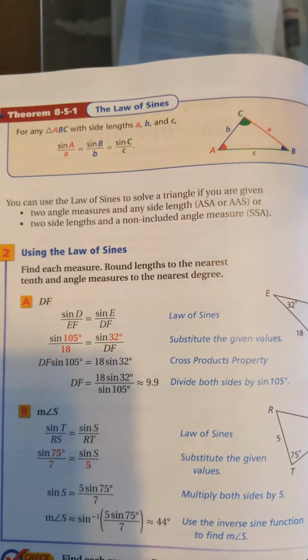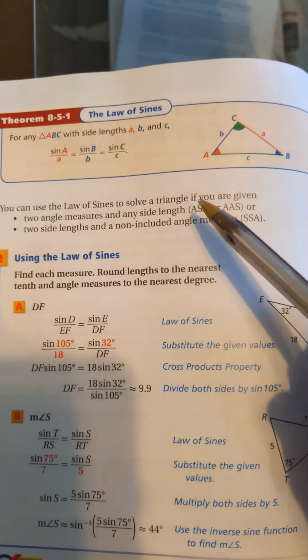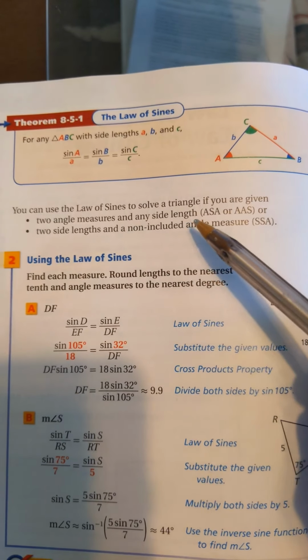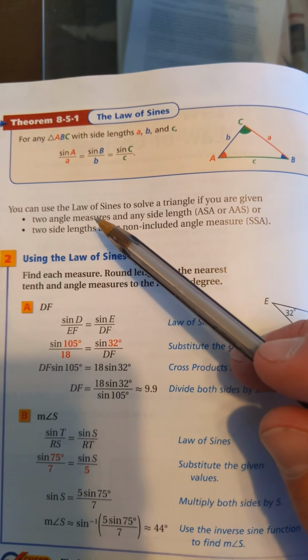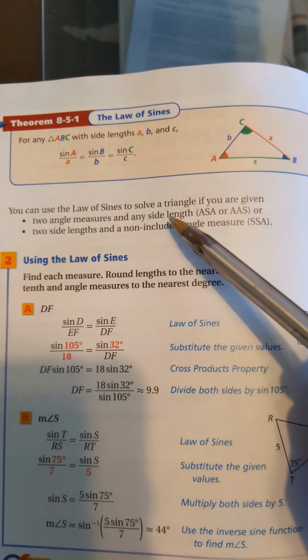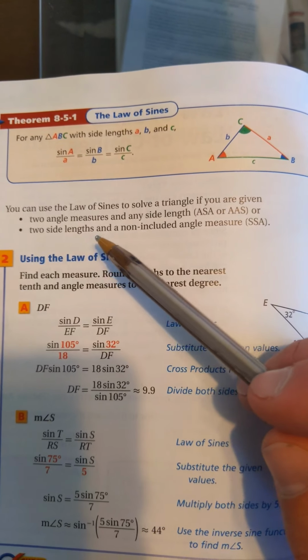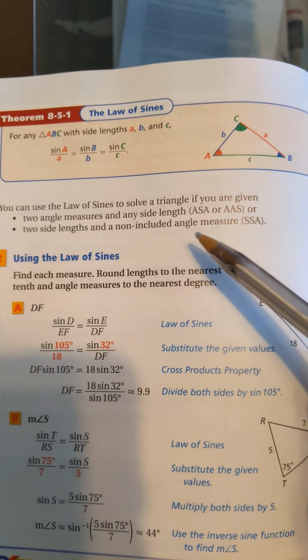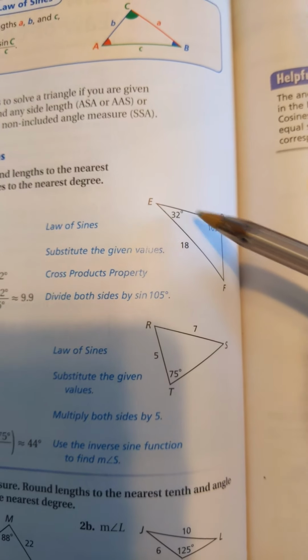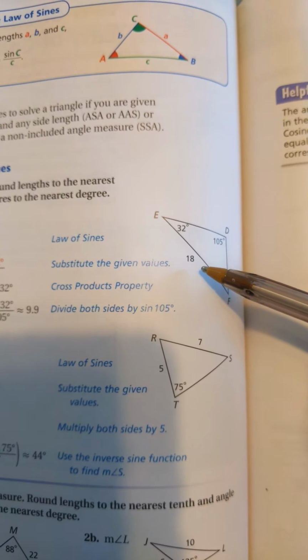Now, when can you use the law of sines? This is important. You can use the law of sines to solve a triangle if you are given two angle measures and any side length, or you are given two side lengths and a non-included angle measurement. Here are two angle measures and a given side length.